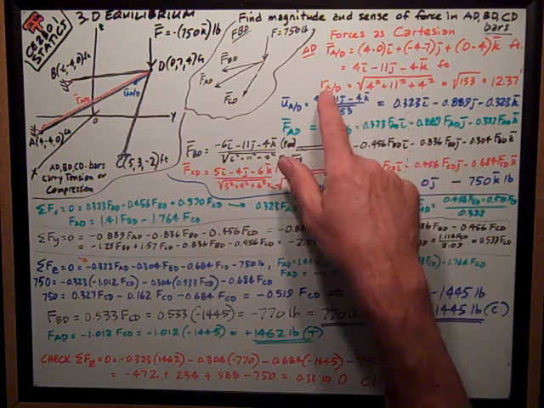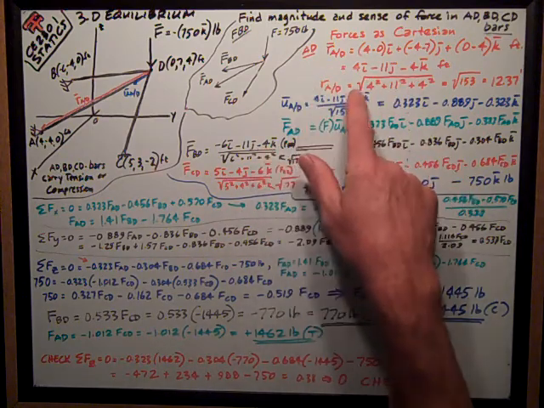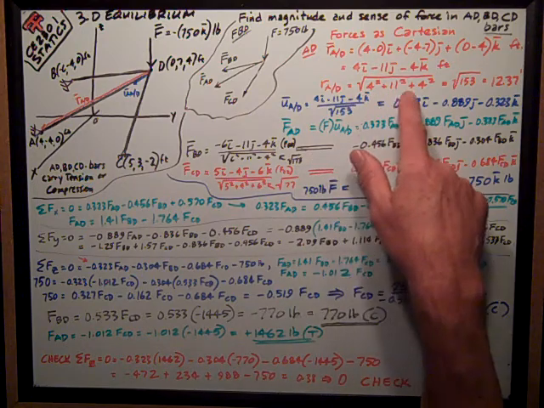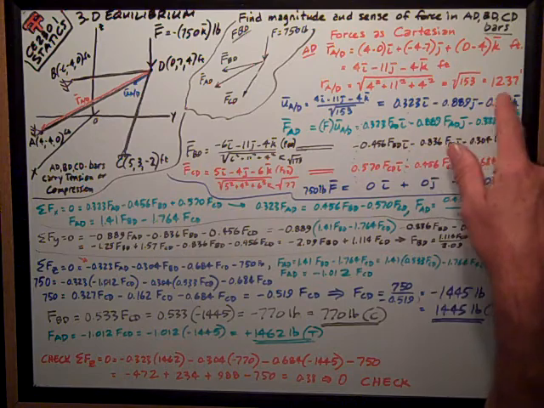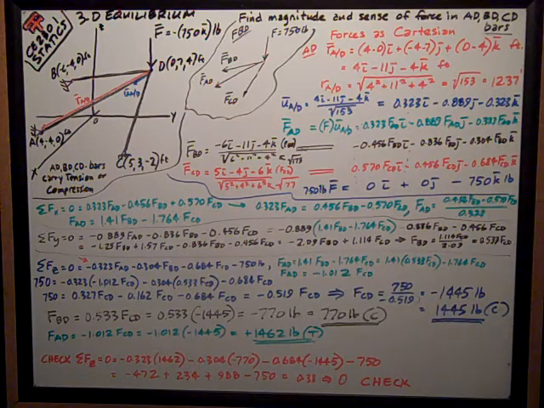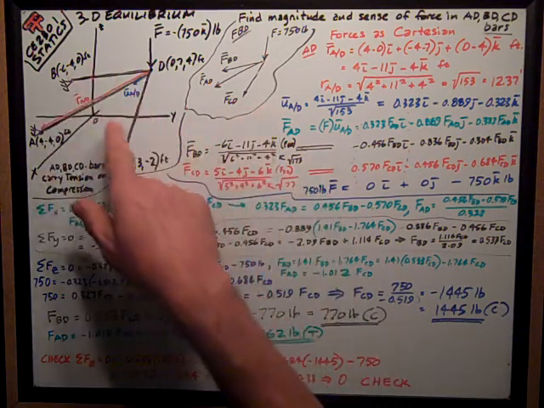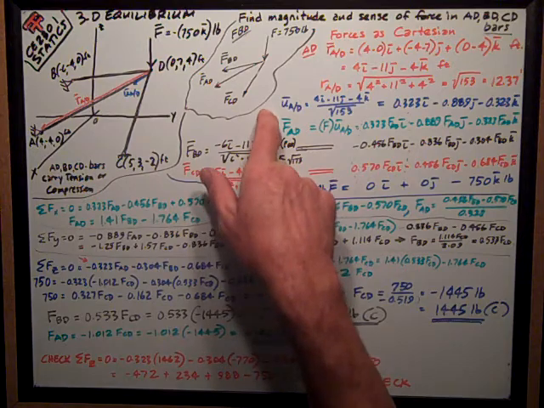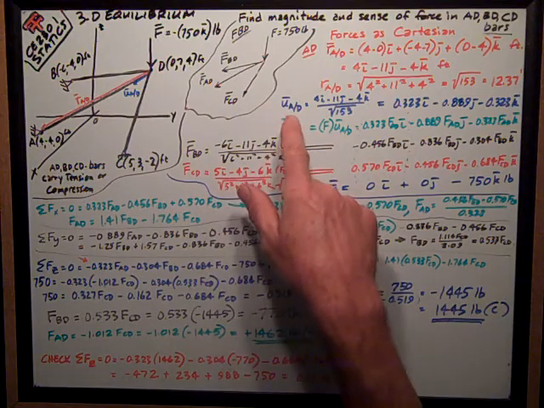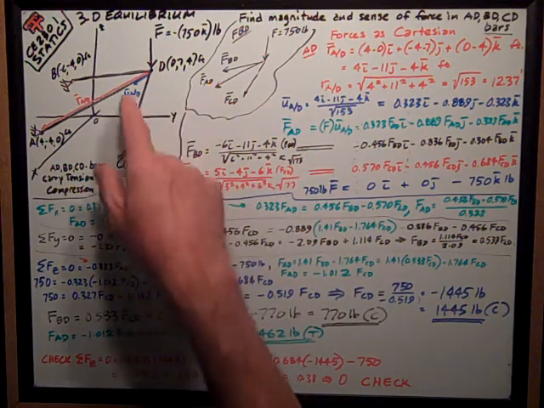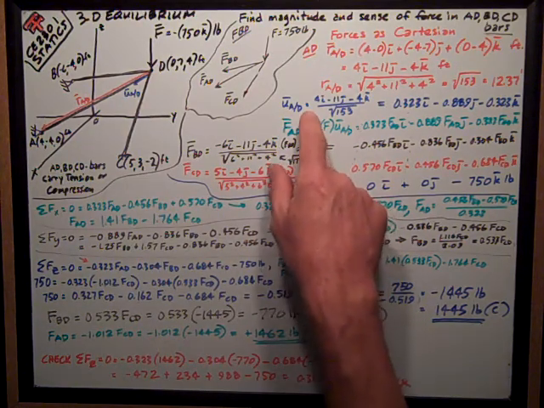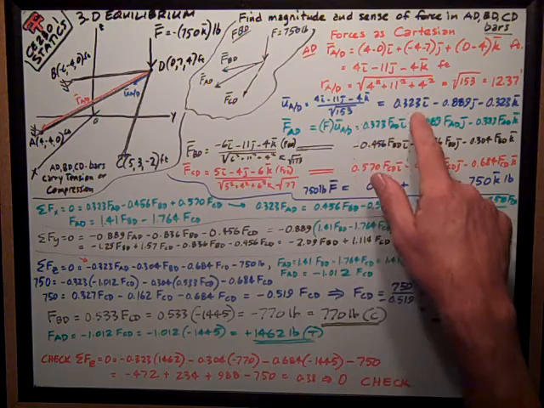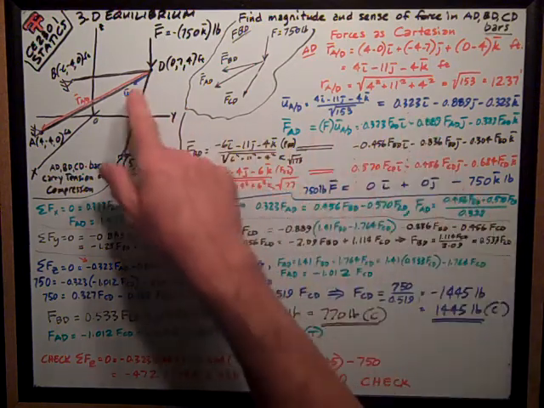Do the math. Then I want to get the length of that position vector as the square root of the sum of the squares. That works out to be the square root of 153, or 12.37 feet. All my dimensions are in feet. Then, remember, I want to get a unit vector, which is a vector of length 1, and these are really just the direction cosines of that vector.